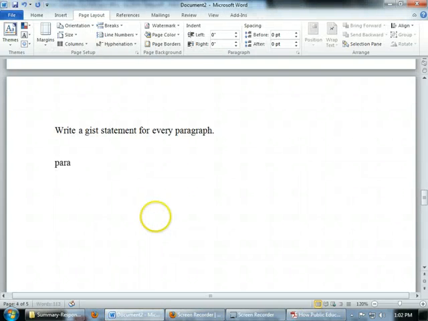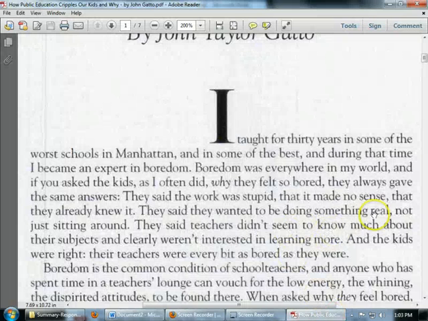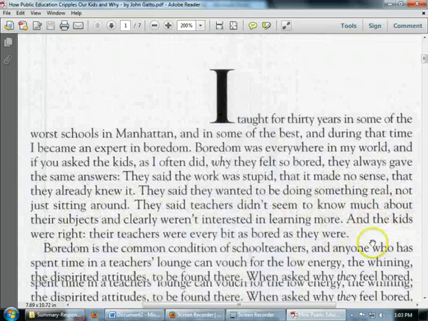And so the gist for this paragraph would be that school is boring for students AND teachers. I put "and" in capital letters because I think what John Gatto is trying to emphasize in this paragraph is that not just students are bored. A lot of people would agree that school is boring for students, but that the teachers were bored as well.